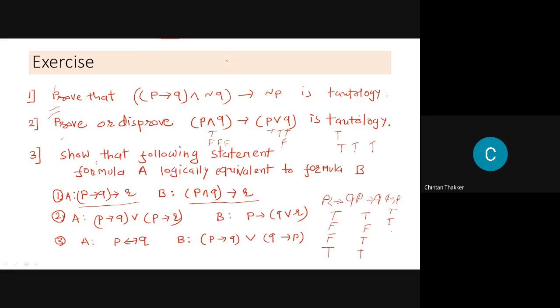Then Q is T, but P is false, so the third is false, and the fourth again true. Okay, so this is Q implies P.